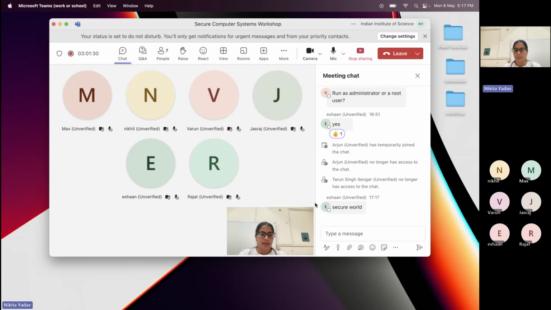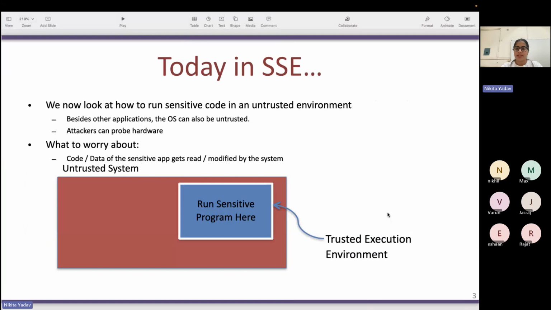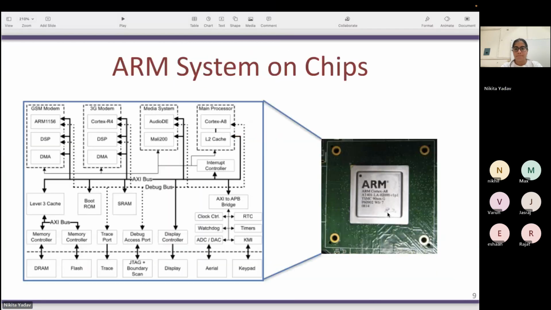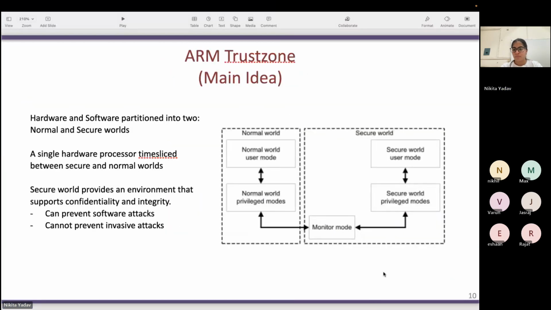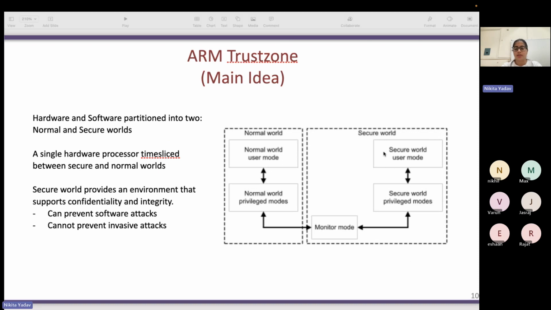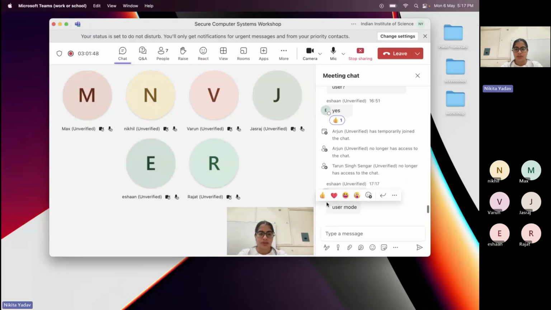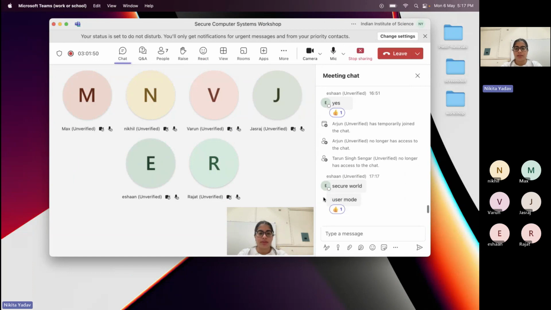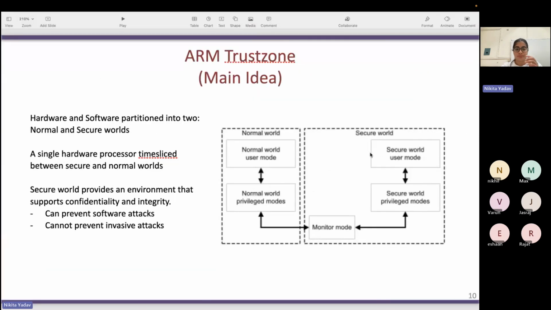Yes, we're going to run it in the secure world. And where exactly in the secure world? If it's an application, it will be run here, in the secure world, user mode.